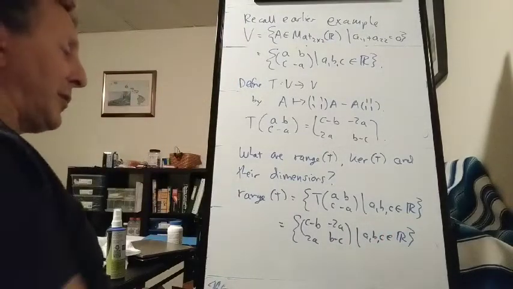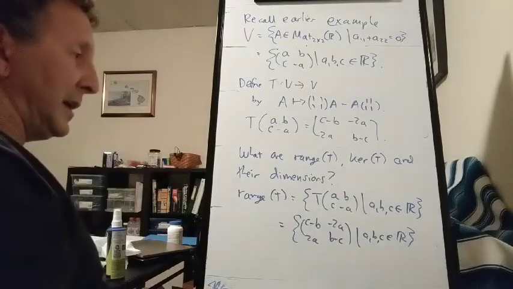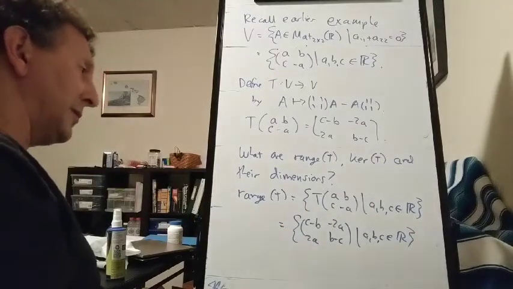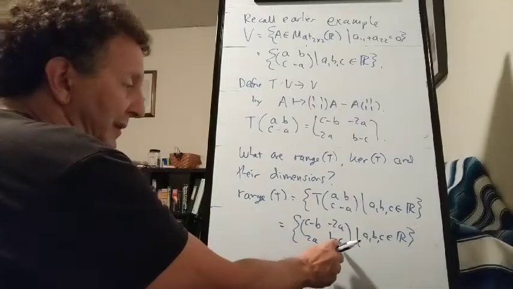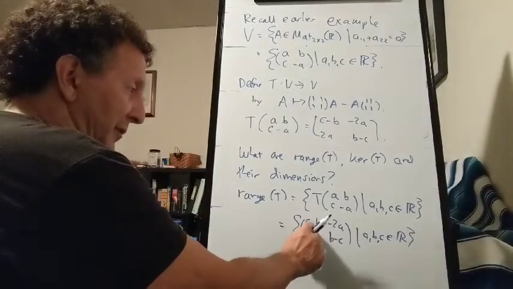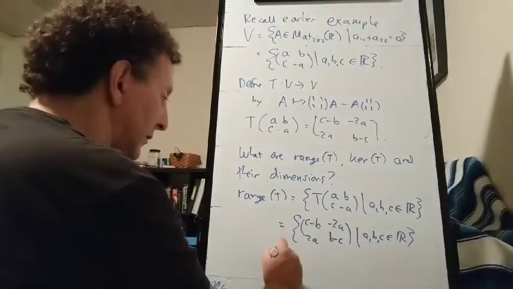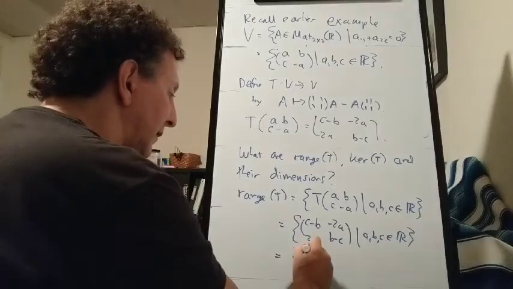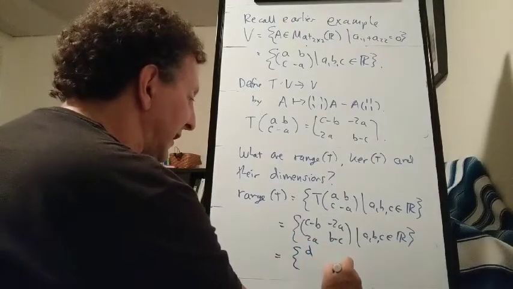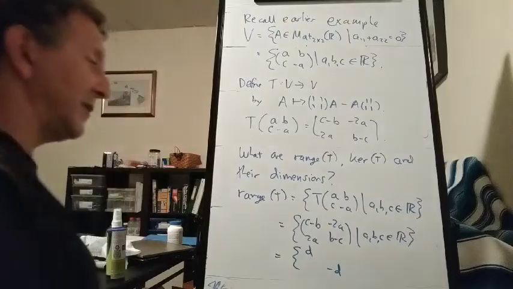If a, b, and c are real numbers, then that difference c - b could be any real number. And b - c is going to be whatever the opposite of c - b is. So we'll get some real number d and its opposite on the diagonal.